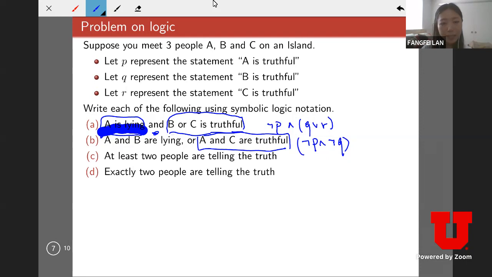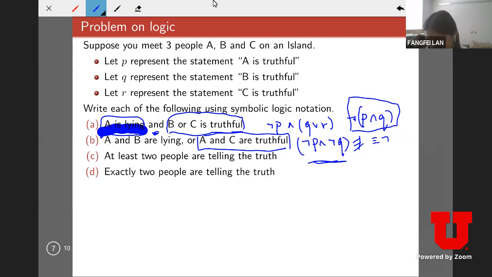Somebody asked the question, can we write not (P and Q)? So this is the problem. This statement is not equivalent to this statement right here. If you look at the negation rule, not (P and Q) is actually equivalent to not P or not Q. And that isn't what we want.